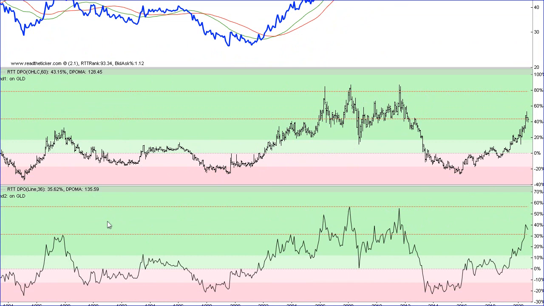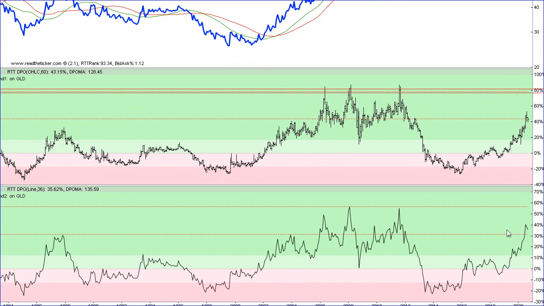That's a gain of 76 plus 135 equals. So therefore gold on the 3-year would be a max of 212. So a range of 212 to 231 is a range based on the 3 and 6-year monthly moving average. So that's when these lines here on the RTT DPO get up to this level.